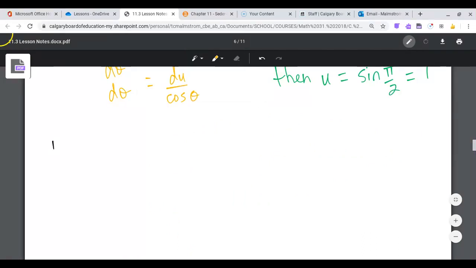So I'm going to go ahead and substitute. So I have, grab my cheat sheet again, that I'm going from pi on 6 to pi on 2.